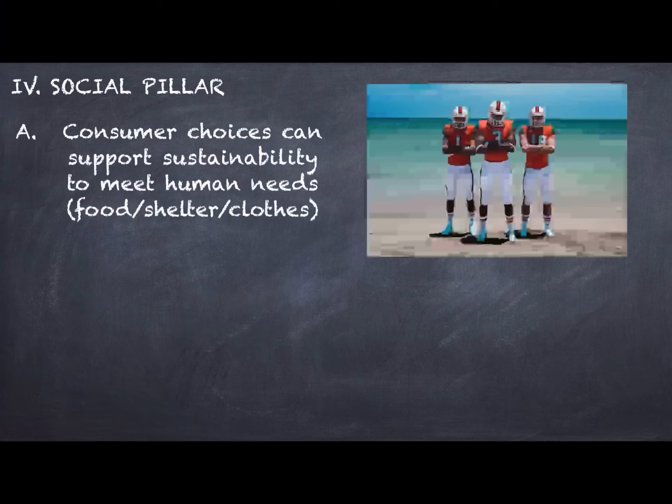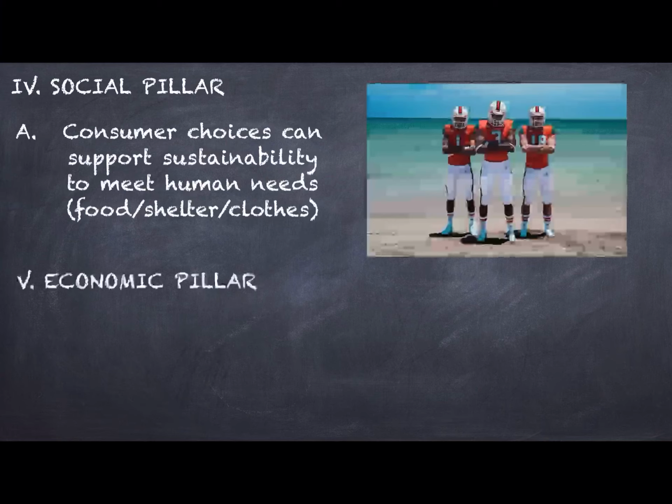So instead of using normal cotton or normal polyester, they chose to use recycled plastics from the ocean, literally, to make these uniforms. If you're interested, Google it because it's really cool how they did this. It's a really good example of how consumers make choices to support sustainability to meet the need to have clothes, food, shelter, and so on.